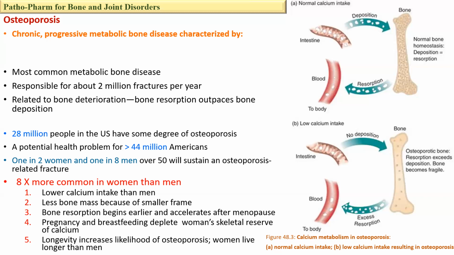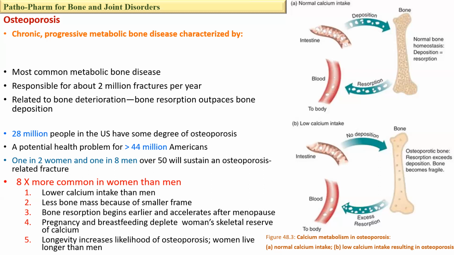This disease is related to bone deterioration, in which bone resorption outpaces the bone deposition. The deposition of calcium into the bone would be faster than the bone resorption, which means pulling the calcium out of the bone.